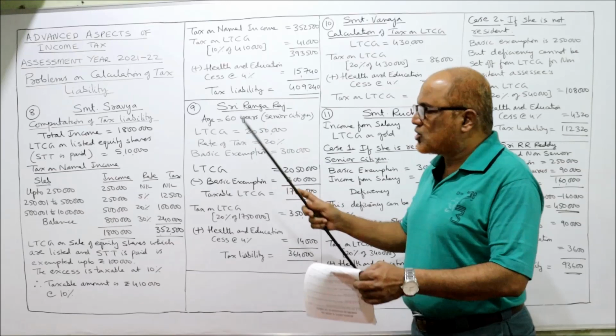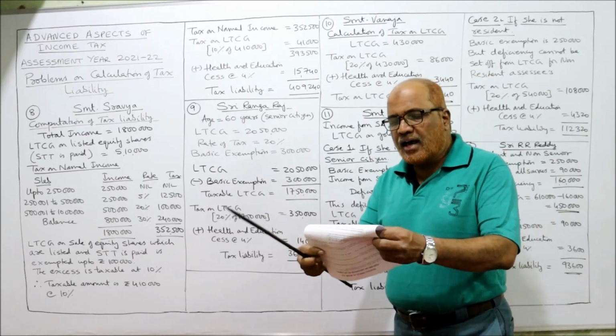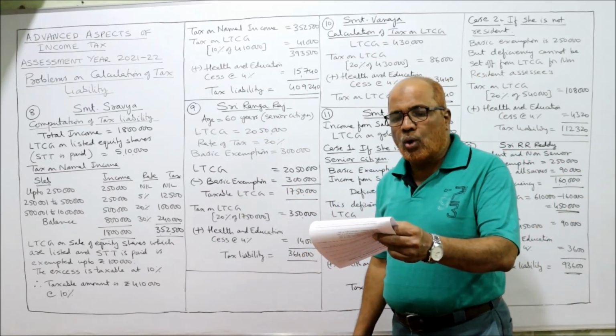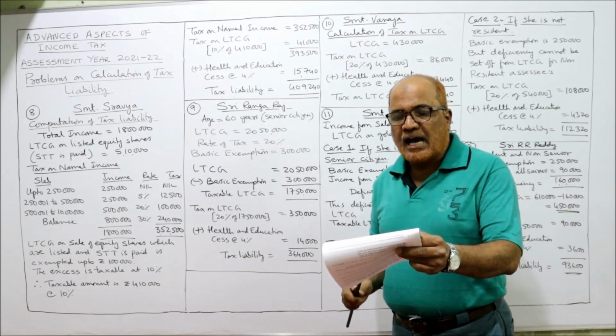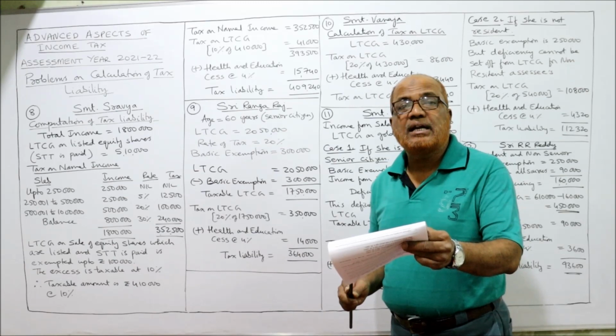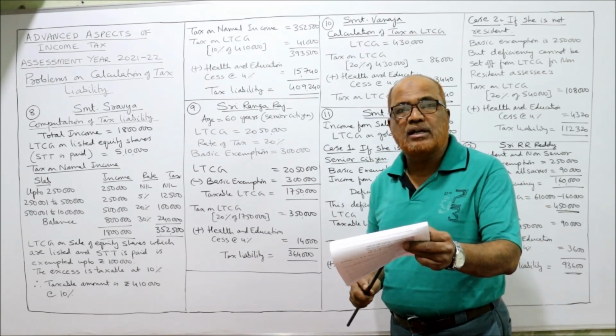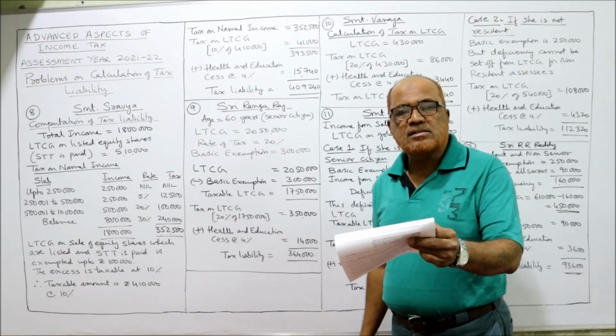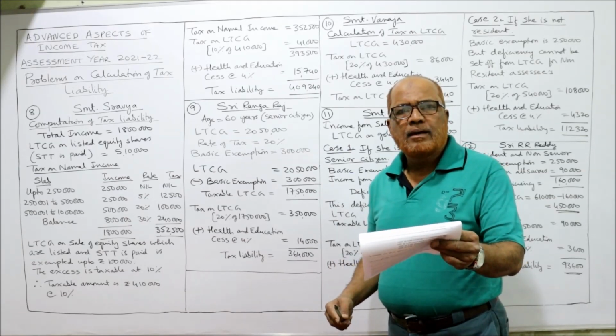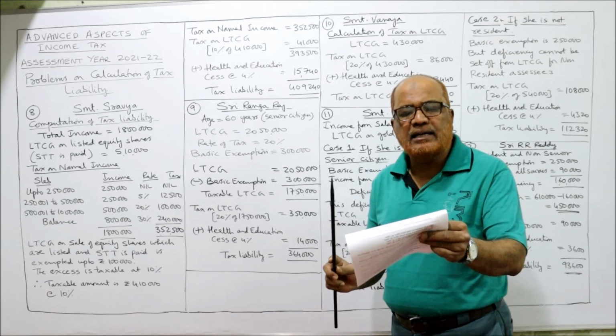Finished. Next problem, the 9th one. Sri Rangaraj, 60 years old, which means senior citizen, has long-term capital gain of 20,50,000. Tax rate is 20% flat, and he does not have any other income. Compute tax liability. It's very easy. He doesn't have any other income, only LTCG.